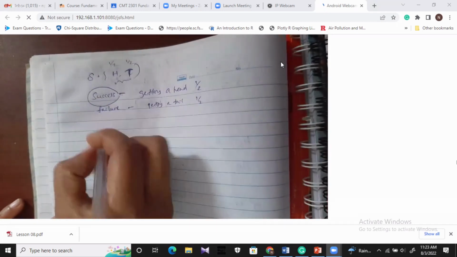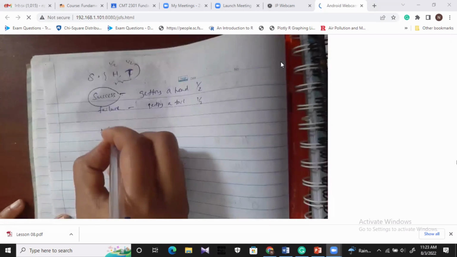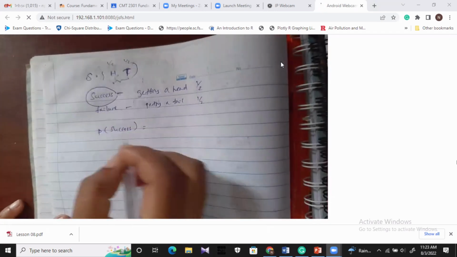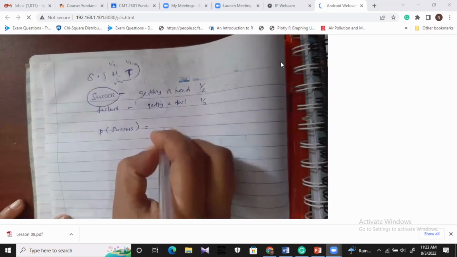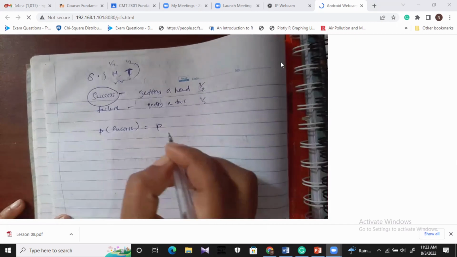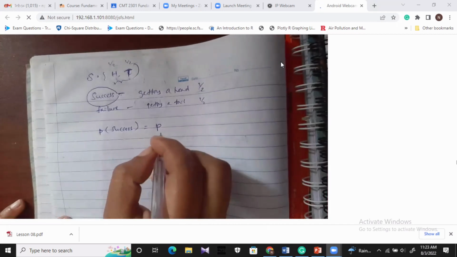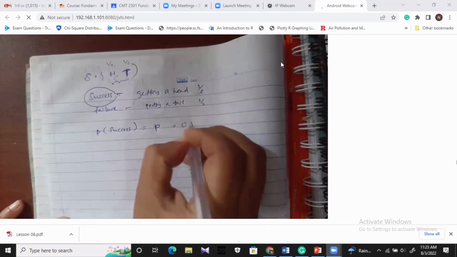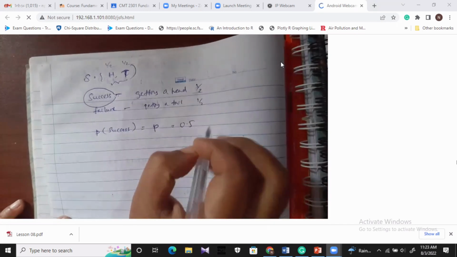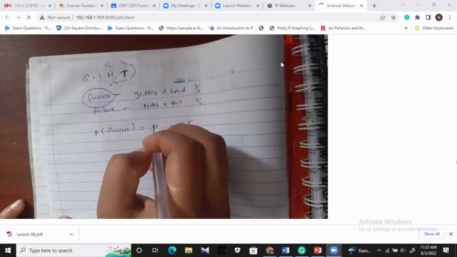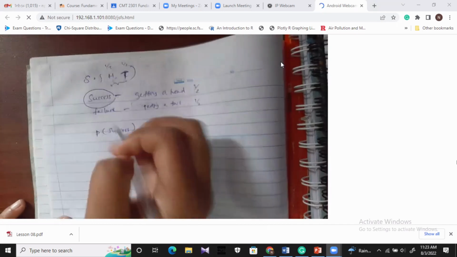Now, the probability of a success is usually denoted by simple p. In this case, that is equal to half or 0.5. This simple p is used as the symbol for the probability of success.